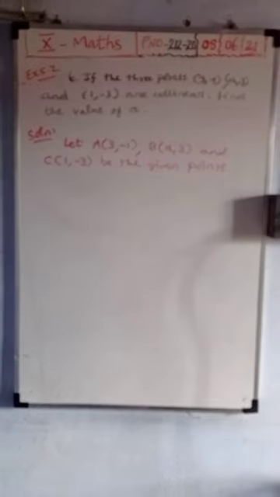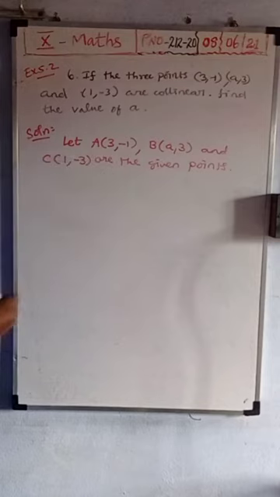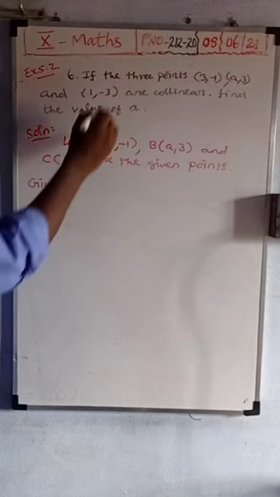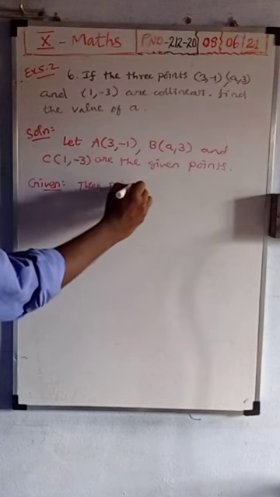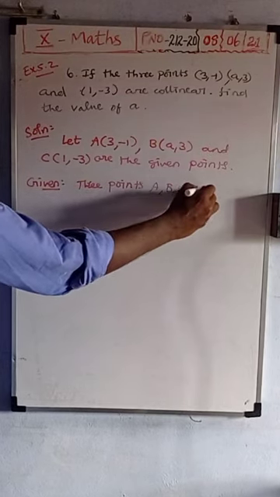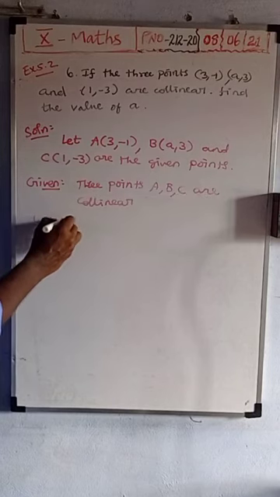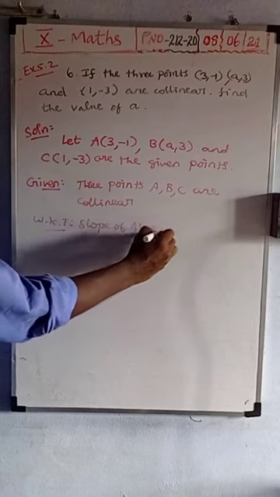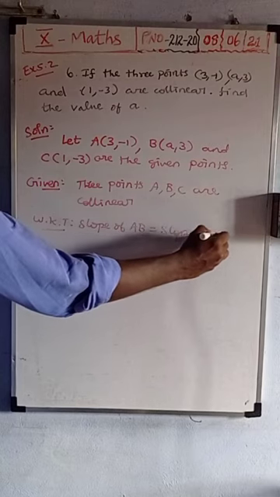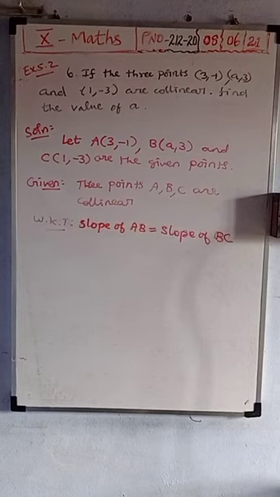So what is given? These three points A, B, C are collinear. Collinear means that we know slope of AB is equal to slope of BC. So these two will be equal.